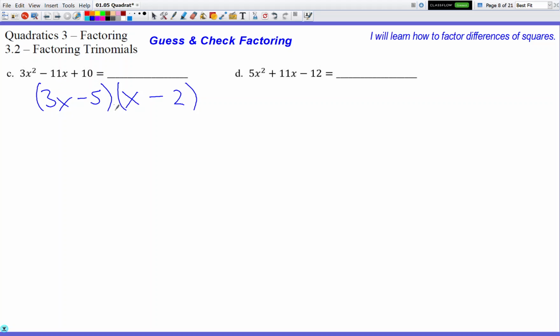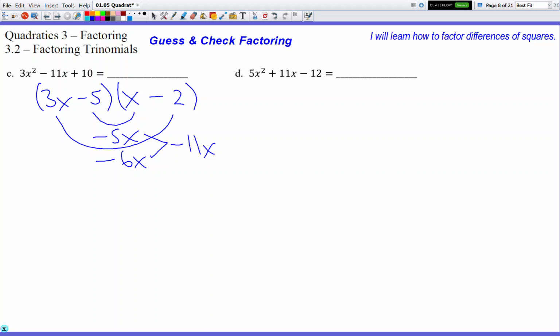The 2 fronts make 3x squared. The 2 backs, negative 5 and negative 2, make positive 10. My inside, outside, let's see if that makes negative 11x. So inside, outside, I get negative 5x, I get negative 6x, and when they join forces, they make negative 11x. There we go, that's our winning combination.